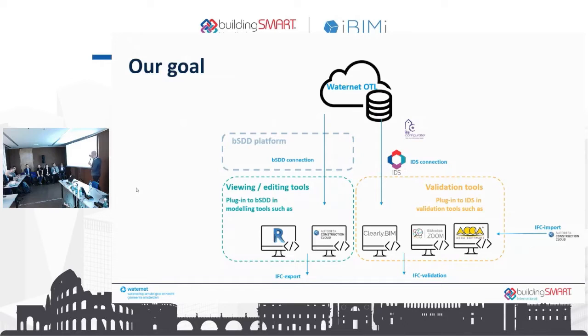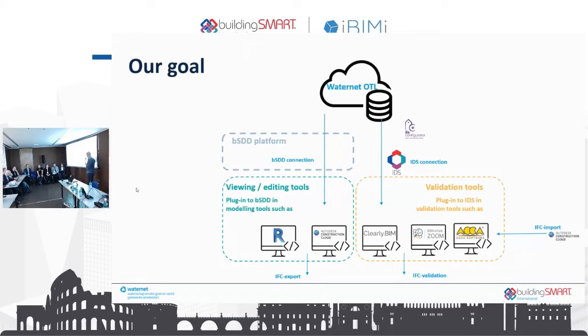This is the goal, the whole situation. You see the Waternet OTL for this. There are two situations. We want to connect the OTL to the bSDD and edit and exchange IFC in tools from Autodesk. That is our architecture choice.